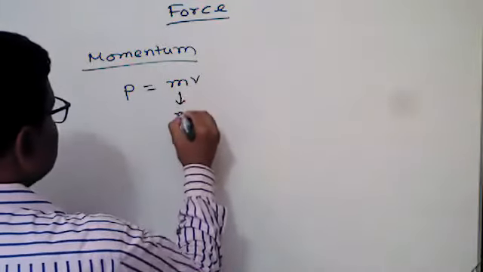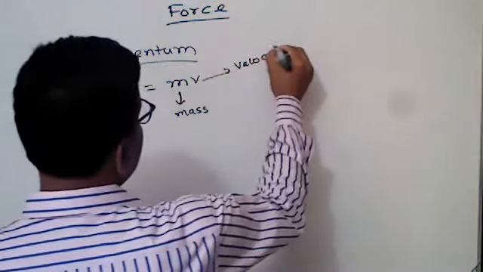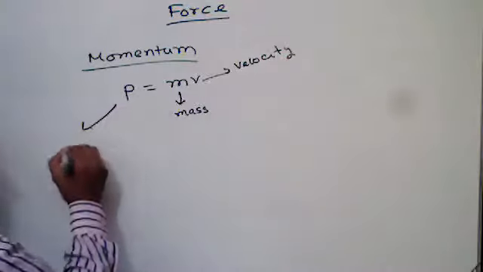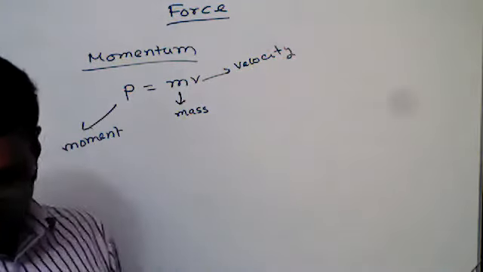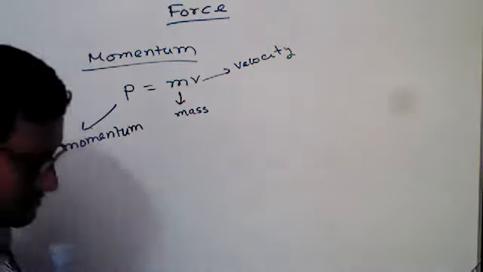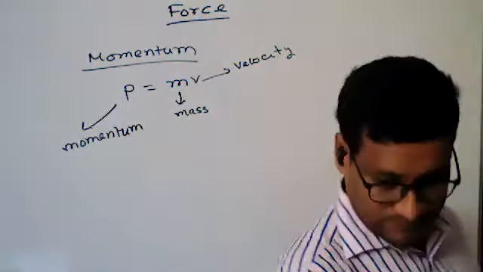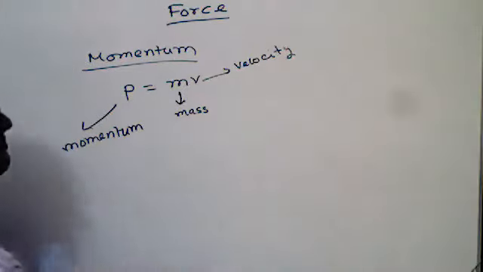Here m is the mass, v is the velocity, and p is the momentum. So the product of mass and velocity of a moving object is called the momentum. The momentum is a vector quantity.